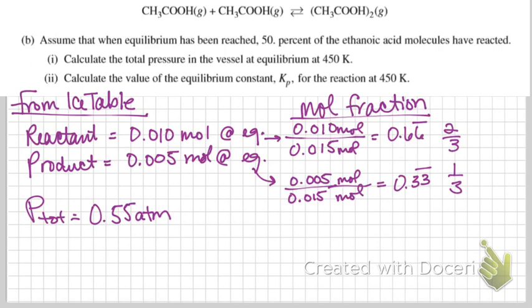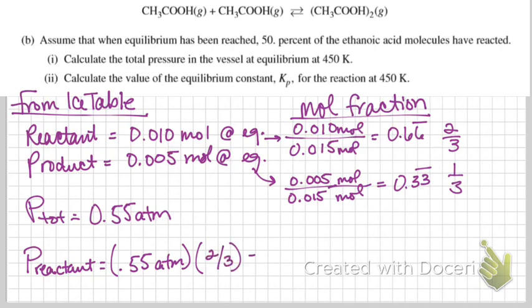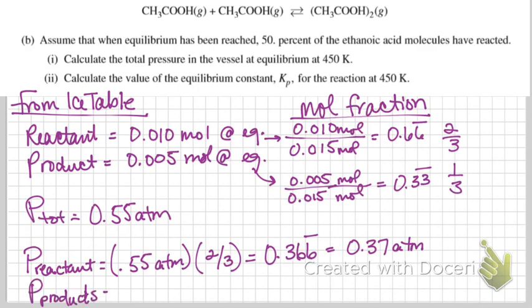So in order to get the partial pressure of the reactant, I would multiply 0.55 by 2/3. And when I do that, we get 0.366 repeating again, so I'm going to round to 0.37 atmospheres. We're going to do the same thing to get the partial pressure of our products.